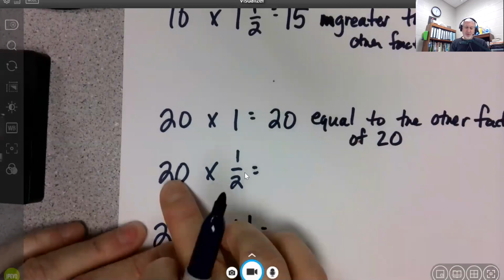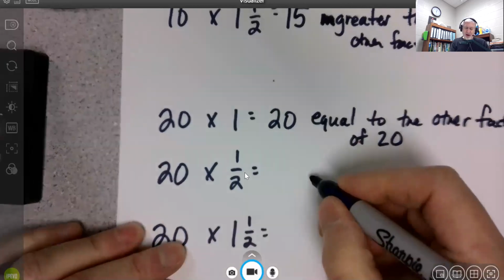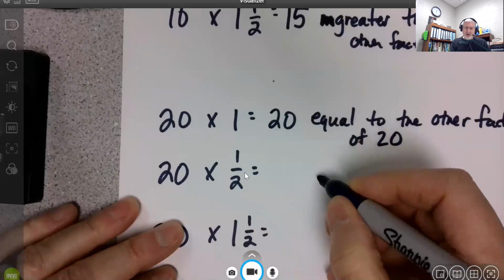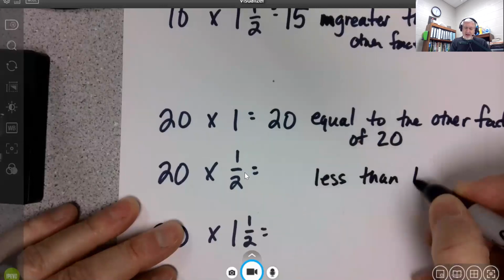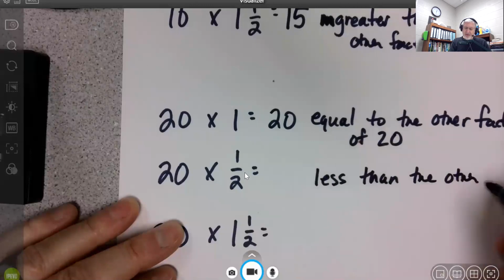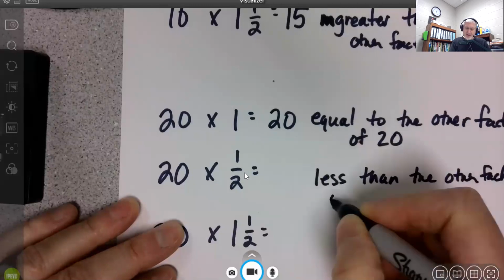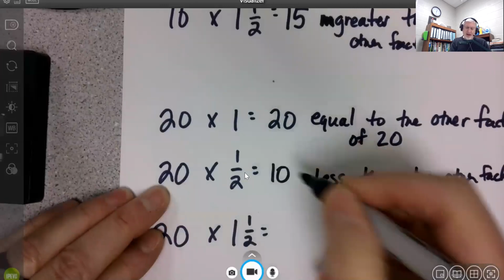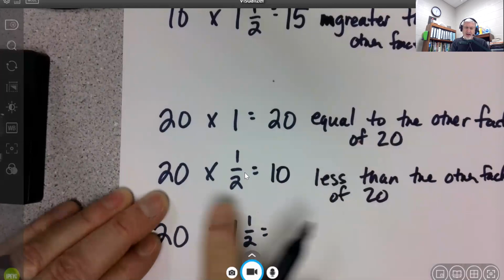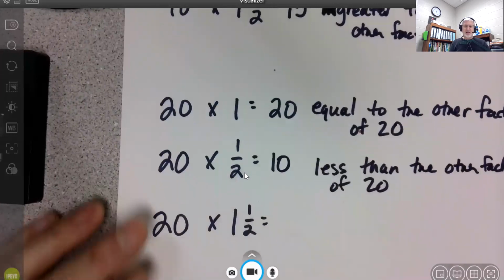So if I multiply 20 by a factor less than 1, then my answer should be less than the other factor of 20. Well, what's half of 20? 10. Is 10 less than the other factor? Yes, it's less than the other factor.